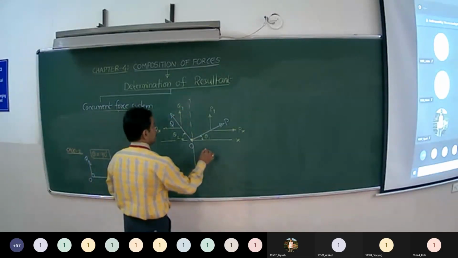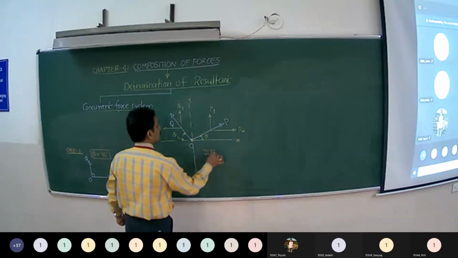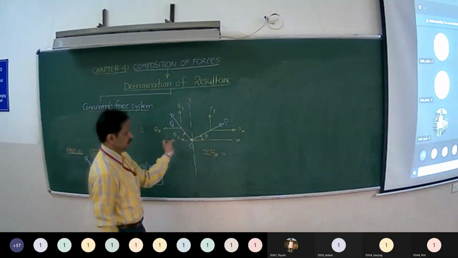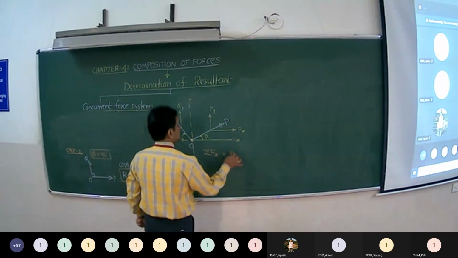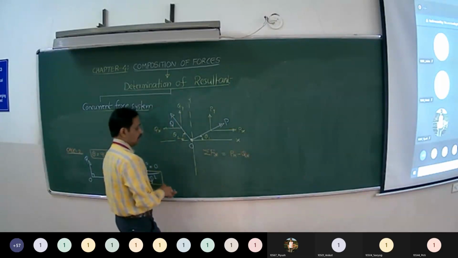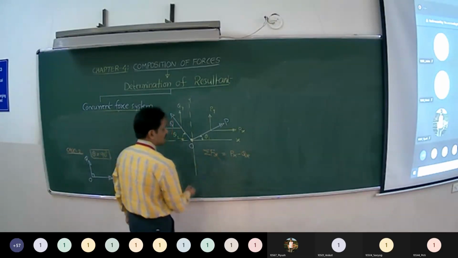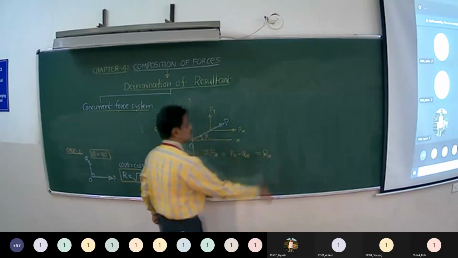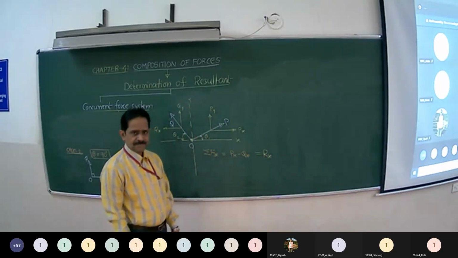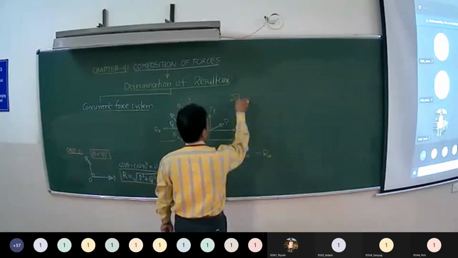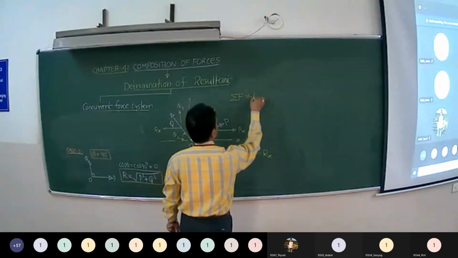Now, taking the algebraic sum of all X components of the forces, X components of the two forces, we have Px minus Qx. Now, what is this algebraic sum of X components of the forces? It is nothing but the X component of the resultant. Am I right? The resultant force is simply the algebraic sum of all the forces.